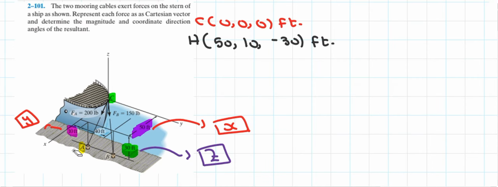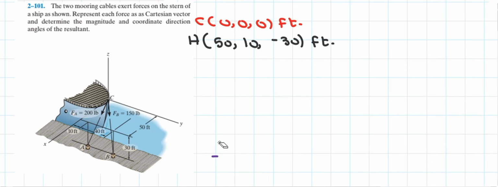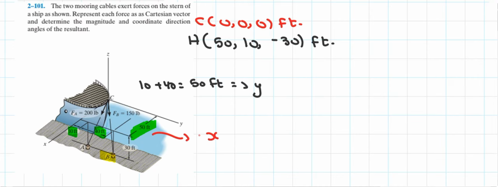Now, let's talk about point B. So this is our point B. Same case for this 10-foot distance and this 40-foot distance: they are the y value present in point B, and it is positive because these distances are indicated on the right hand side. So it is 10 plus 40, which is equal to 50 foot. Similarly, this 50-foot distance is the x value because it is indicated outward from the screen.